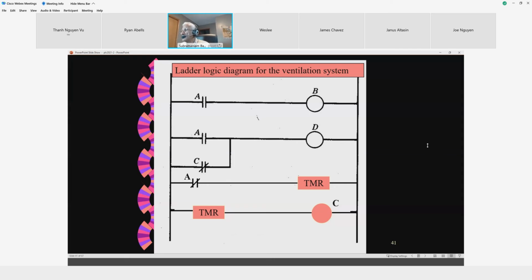So this is a simple four-line-long PLC program to implement the ladder logic diagram for the ventilation system. Any questions?